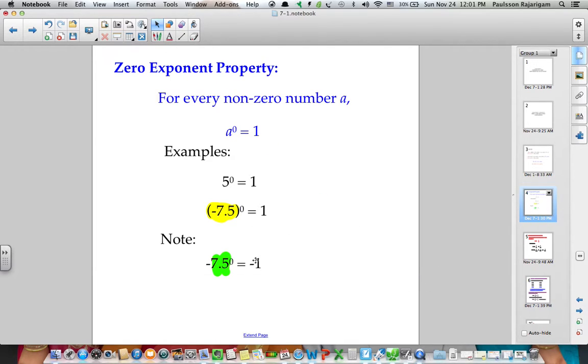So I want you to look at both these things and realize that you're going to have a value of 1 when the entire value is raised to the power of 0, as opposed to something that's raised to the power of 0 where you're considering the opposite of that value, like it's here.